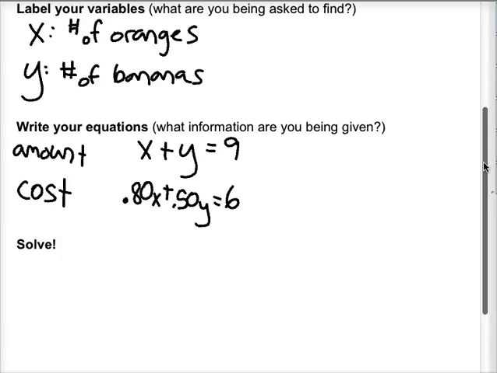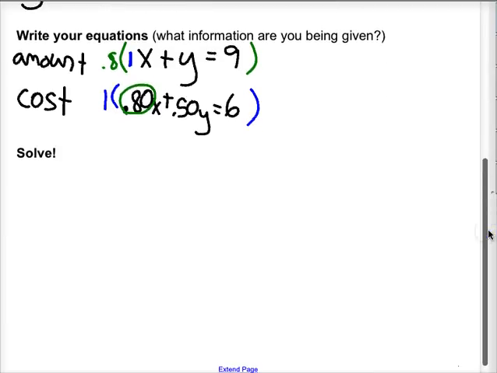Okay, so in order to solve this with elimination, remember I have to take that number to multiply up top. I have to take that number to multiply the bottom. So I'm going to get this set up for elimination.